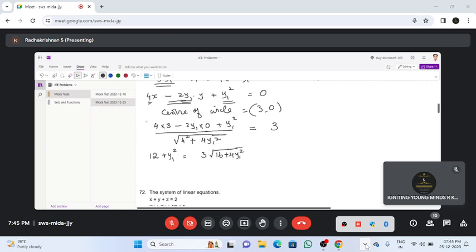This is the magnitude, so when we square it, the mod will go away.